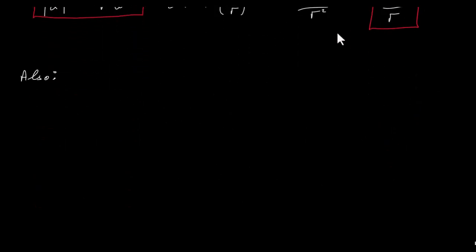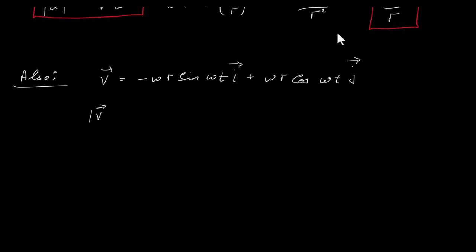So let's have a look at our velocity vector again. So our velocity vector was minus omega r sine omega t in the i direction plus omega r cos omega t in the j direction. So if we were to look at the magnitude of velocity in this case, what we've got to do again is the square root of a squared plus b squared.